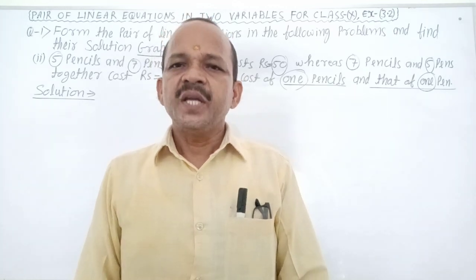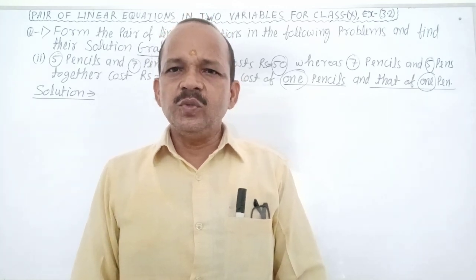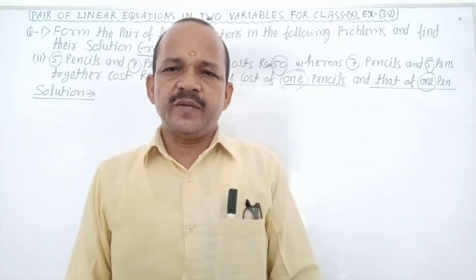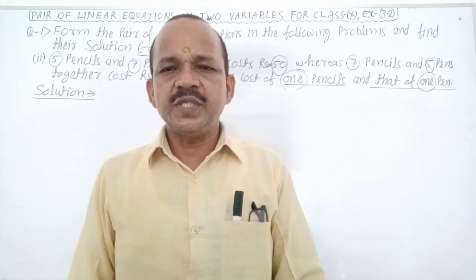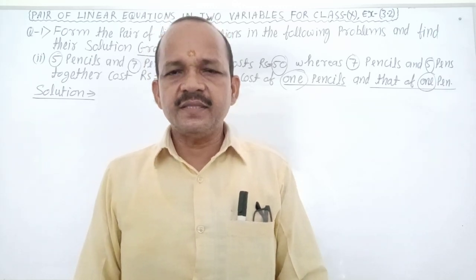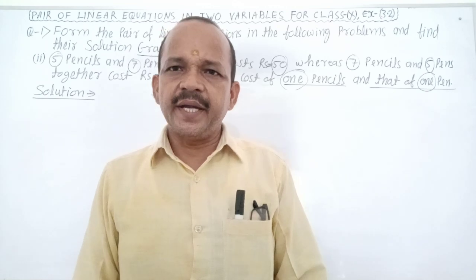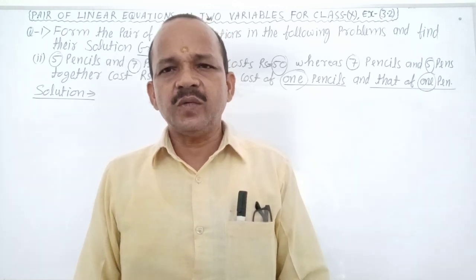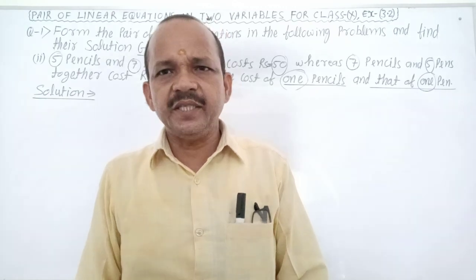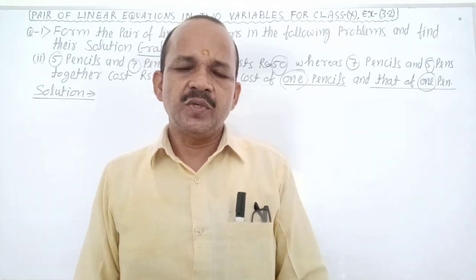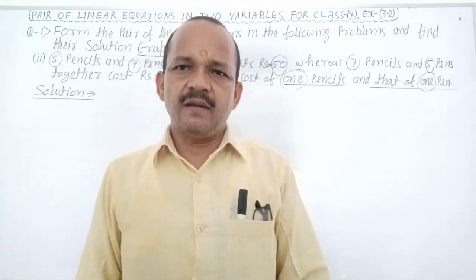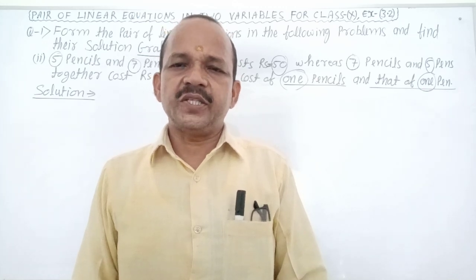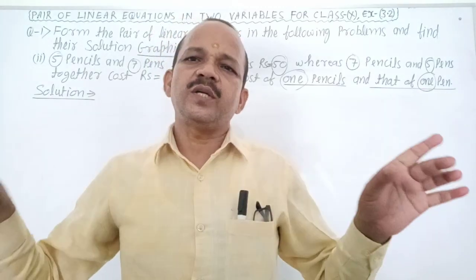Very good. If a1 by a2 not equal to b1 by b2, then it shows intersecting lines, consistent system and unique solution. If a1 by a2 equal to b1 by b2 not equal to c1 by c2, then it shows parallel lines, inconsistent system and no solution.